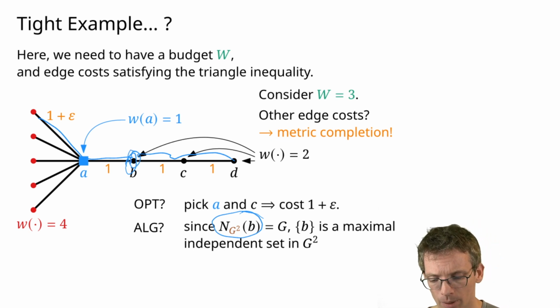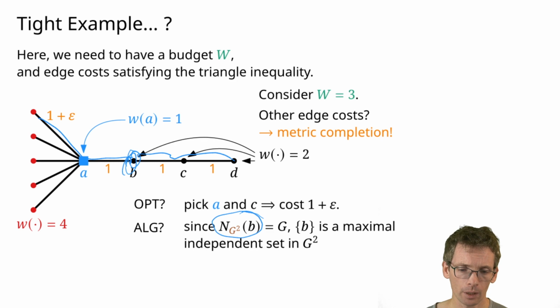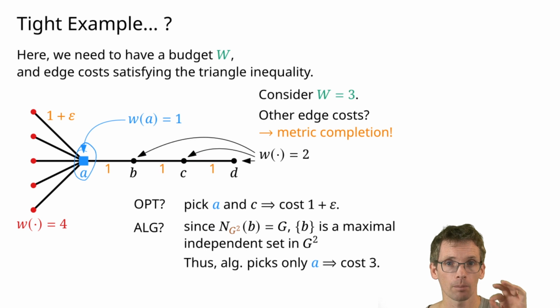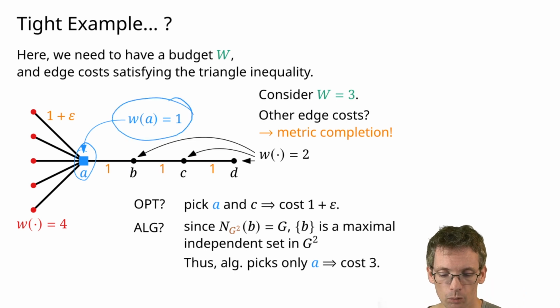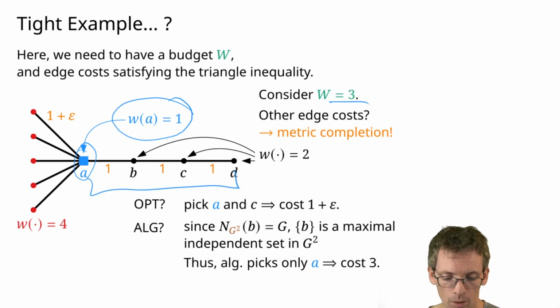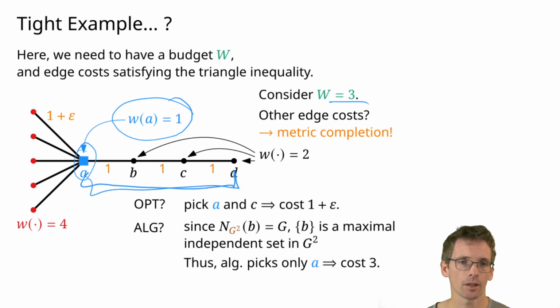It did not simply pick B, but it took the lightest vertex in the neighborhood of B, and that is A. So the solution which the algorithm then would give is simply A. A is a feasible solution because it has weight 1 and we have a budget of 3, but the cost that we get now is 3. And that means we indeed only have a 3 approximation here.